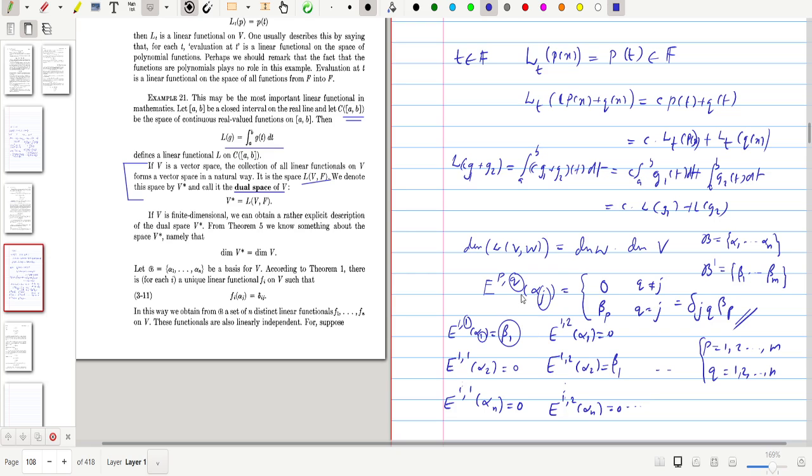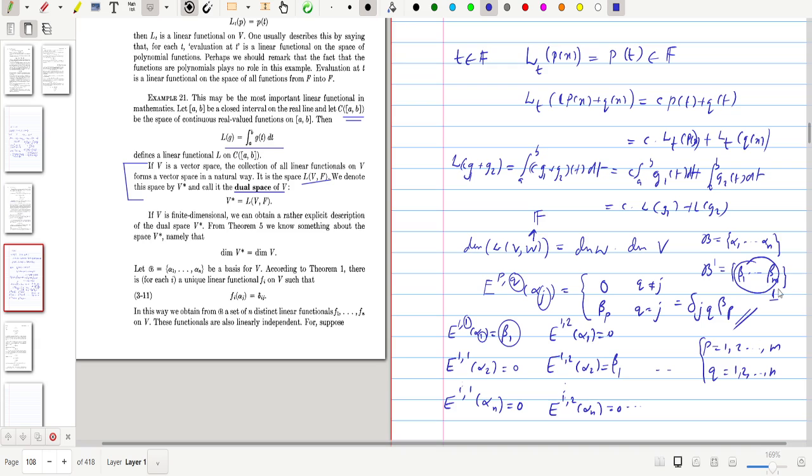Then a similar discussion will follow if you replace this W by the corresponding field F. The only difference is that if you replace W by the field F, then the only possible element in this set is 1 or any non-zero element. This B prime will be a singleton set.